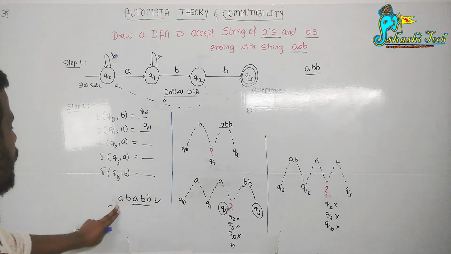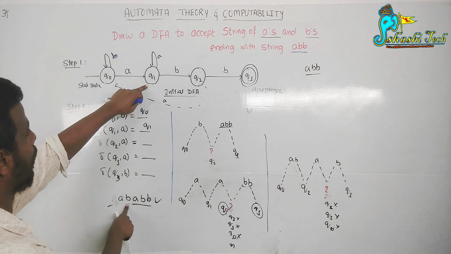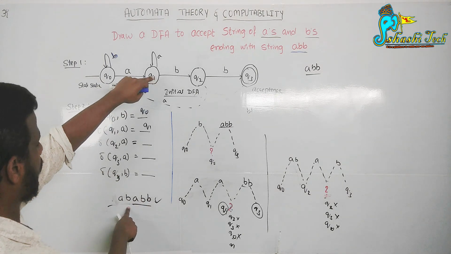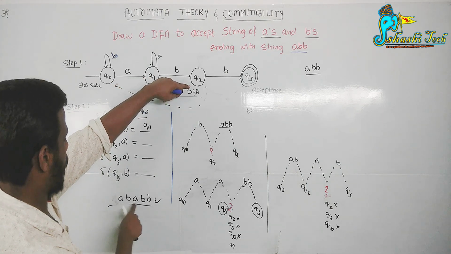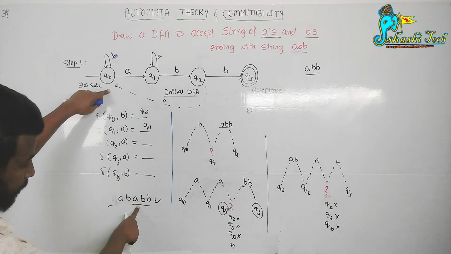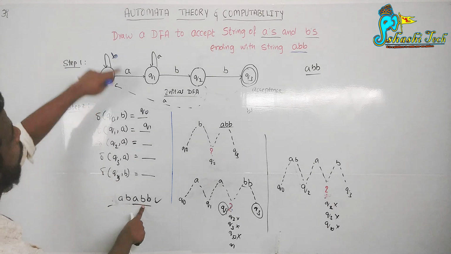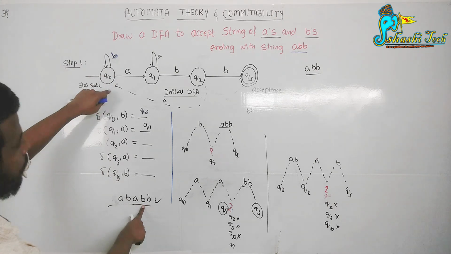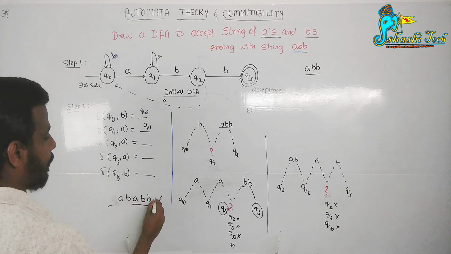Q0 upon accepting A is going to reach the Q1 state. Q1 upon accepting B is going to reach the Q2 state. Q2 upon accepting A is going to reach the Q0 state. Q2 upon accepting B is going to reach the Q0 state. Q0 upon accepting B is going to reach the Q0 state. See, it is not accepting.